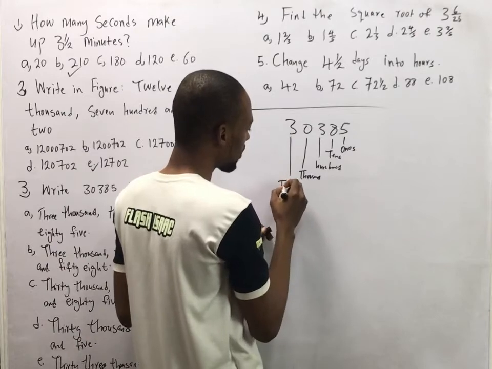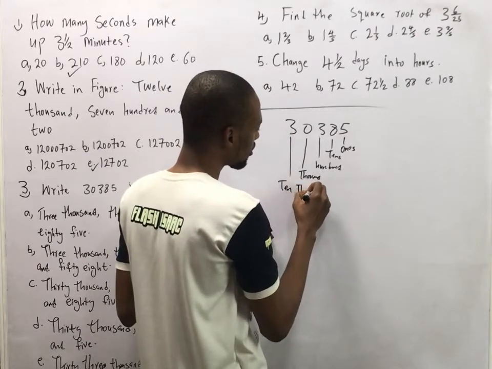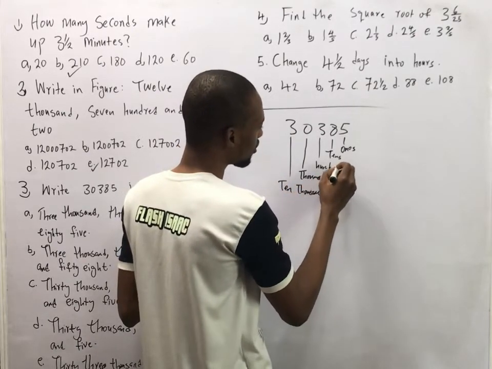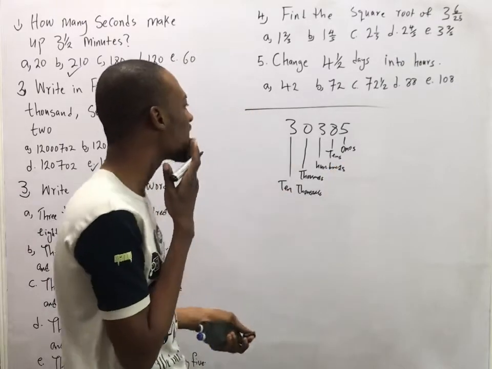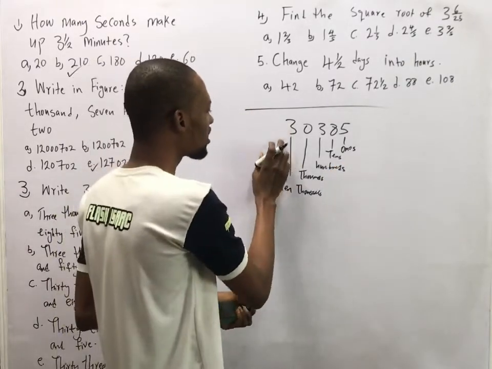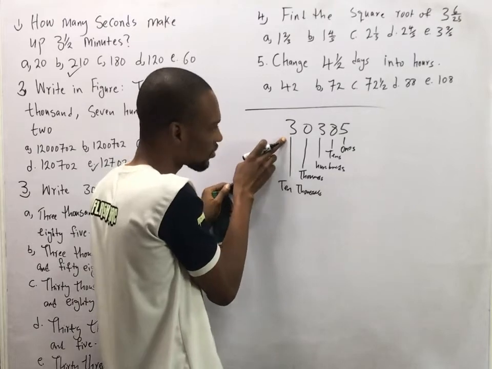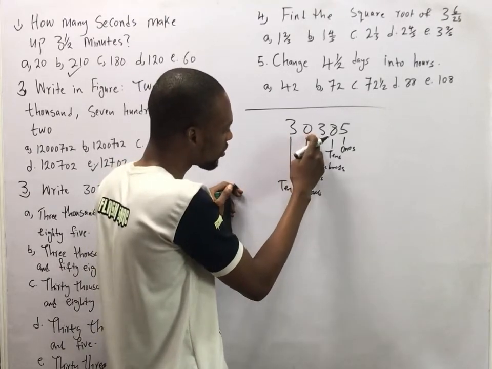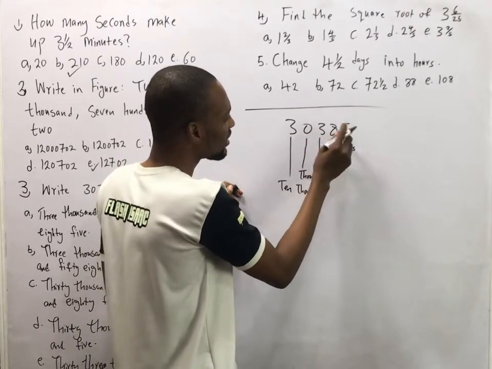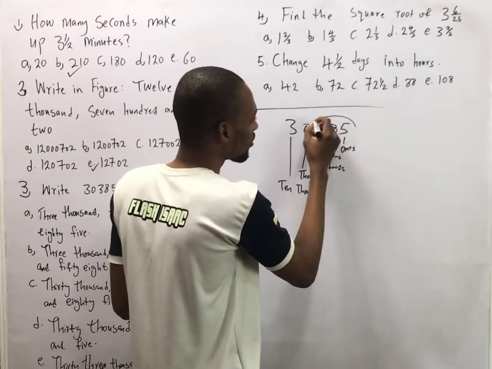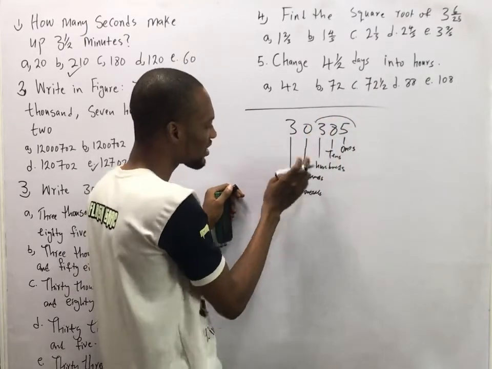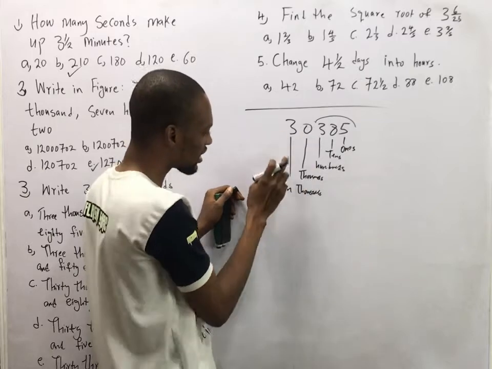Then this is in tens of thousand, 10,000. Hundreds. If you have something like this, then this is simply 3. This is 0. So here is 1000. Therefore, here we have 30,000.